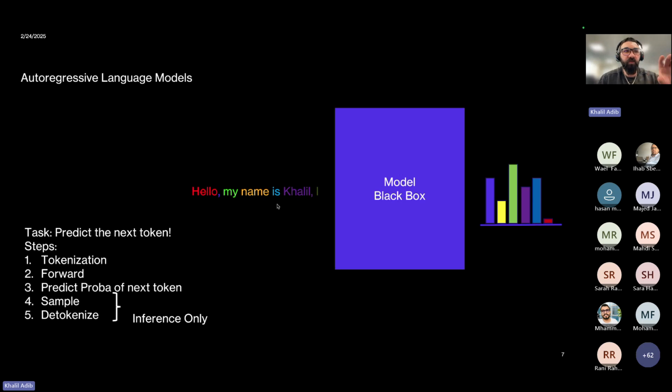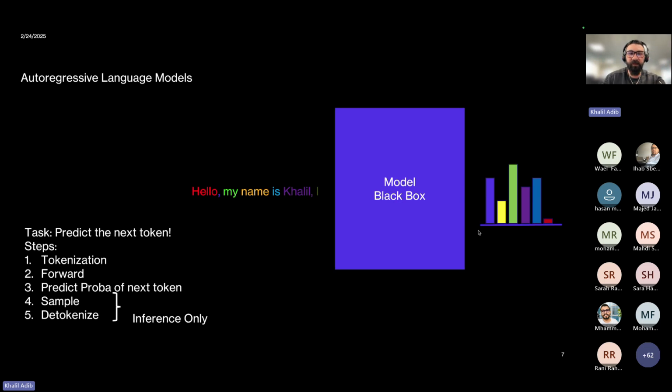We convert this to specific values, specific IDs, that the LLM can understand, and the LLM will, as I said, predict the probability of the next token. At inference time we sample from it and then we detokenize, using some temperature and top P parameters.